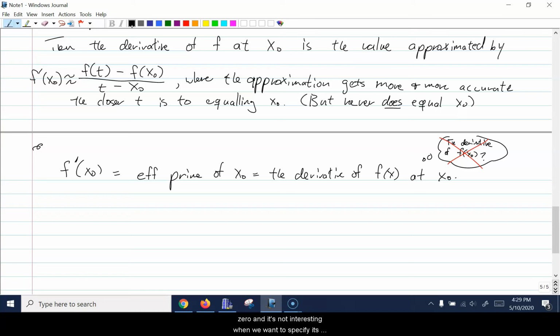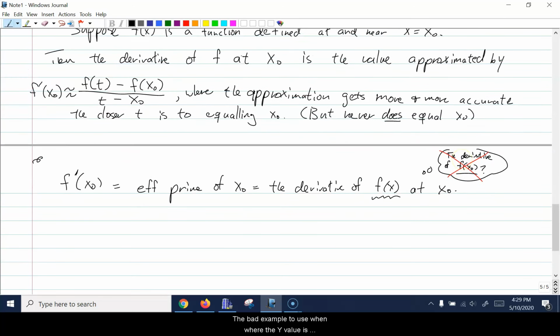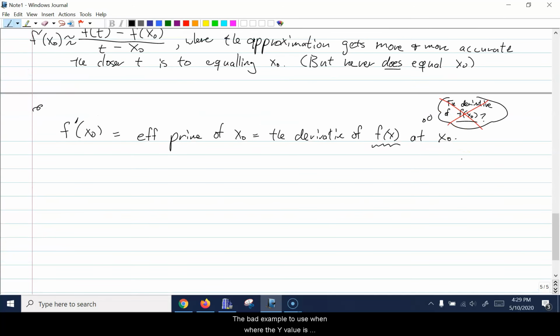We want to specify it's the derivative of the function, because the function is the thing that changes. F of x naught itself was always 4 in that context. The derivative was also 4, wasn't it? It's a bad example to use one where the y value is the same as the derivative. We want to talk about the derivative of a thing that changes, and the thing that changes is the function, not the value of the function at that particular point.